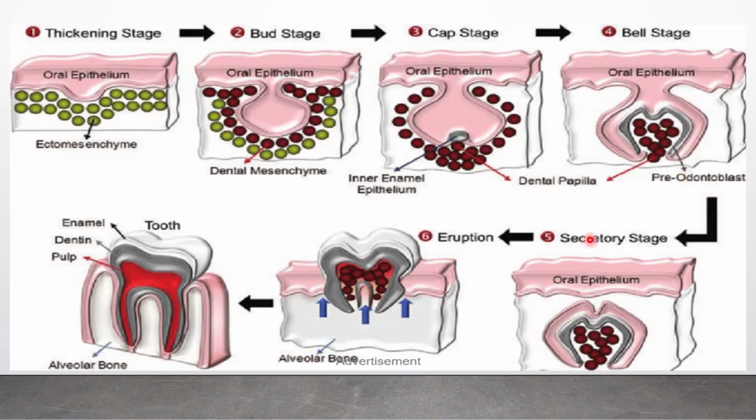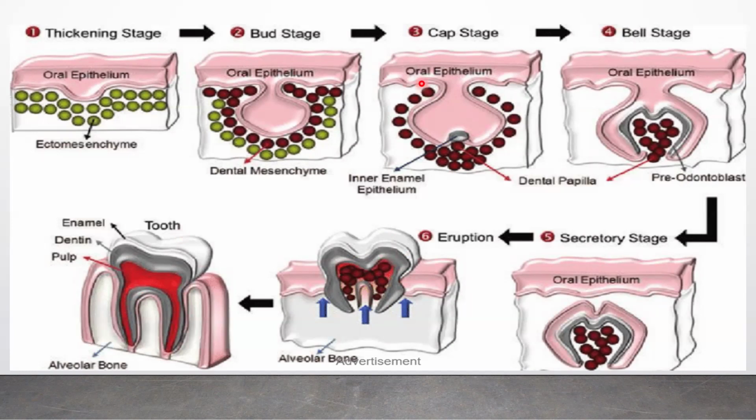And then of course the secondary stage, given the fact that everything is formed, what is just missing is the eruption. And now you can see, due to formation of the alveolar bone, the teeth will be erupting out. And then we'll finally have the developed tooth.